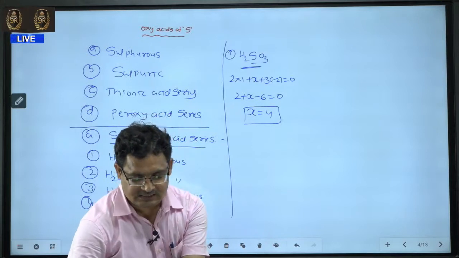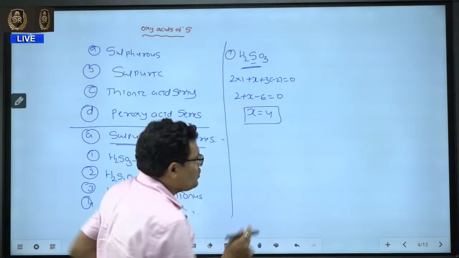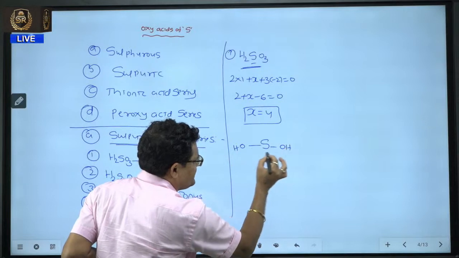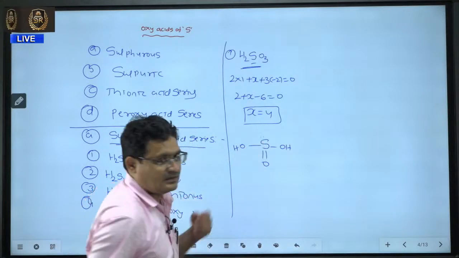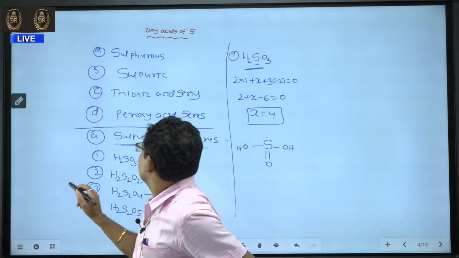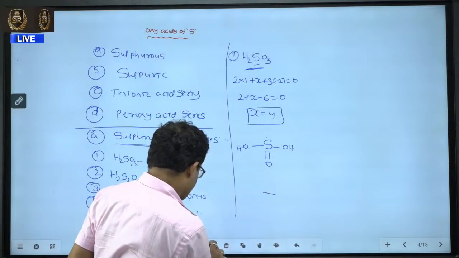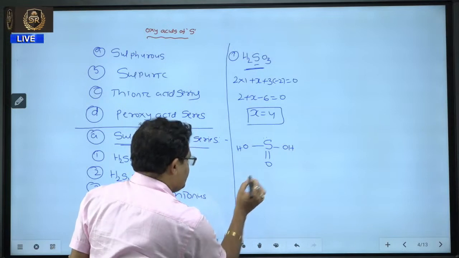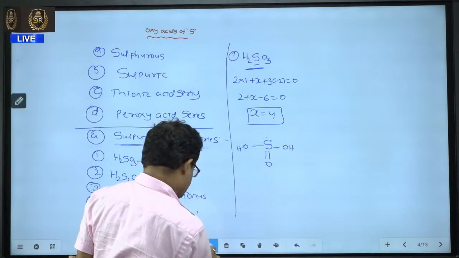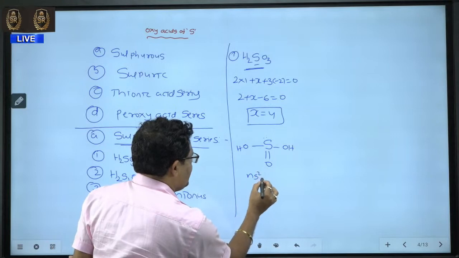Now how to draw this structure? Tautomeric structures are possible for H2SO3. It contains one OH, another OH, a double bond O, and a lone pair. The 6th group element's electronic configuration is ns2 np4.